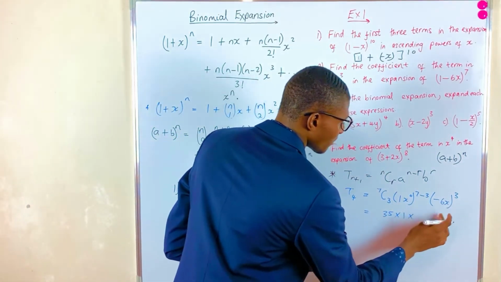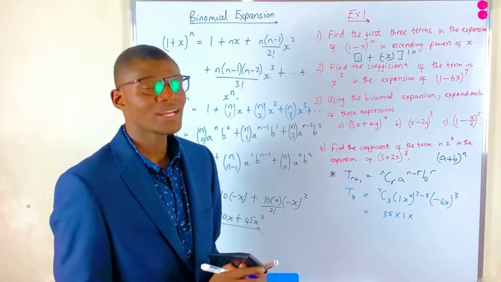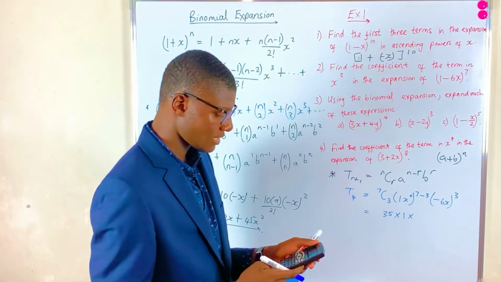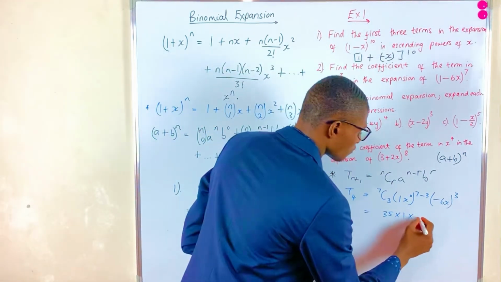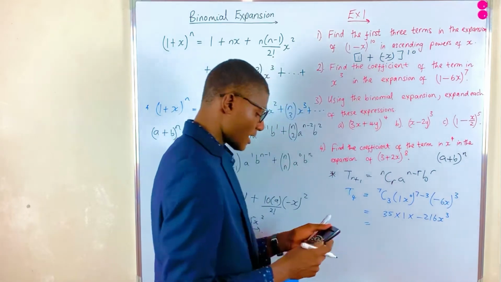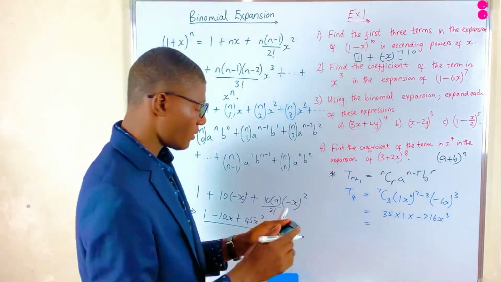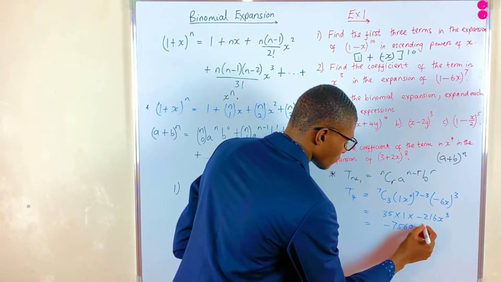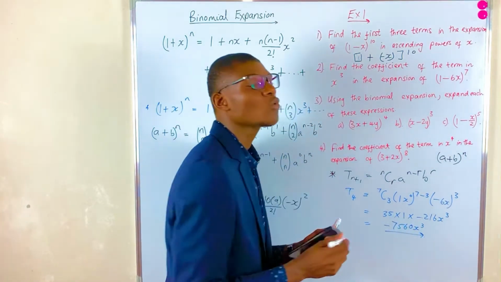Then multiplied by minus 6 raised to the power of 3, which is minus 216, so minus 216 x to the power of 3. Now if you multiply by 35, we get minus 7,560 x to the power of 3. So this is the fourth term.